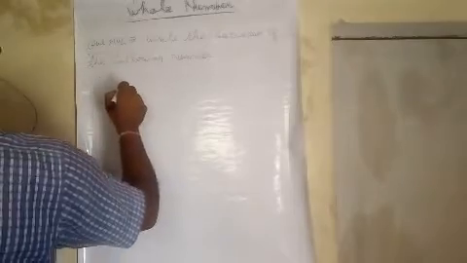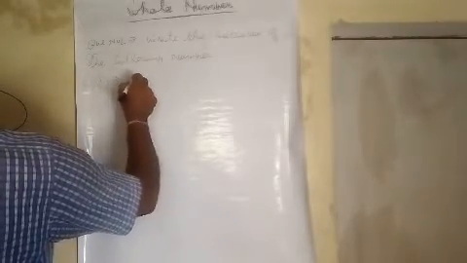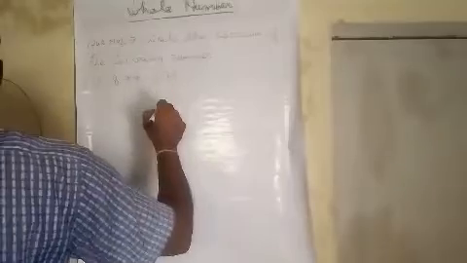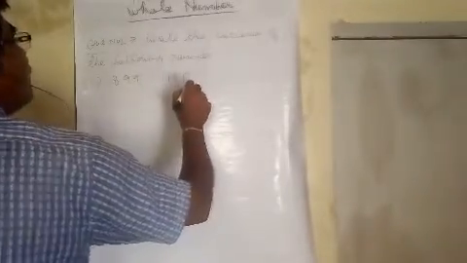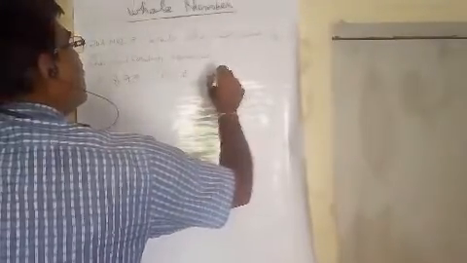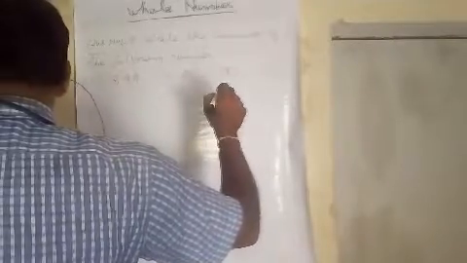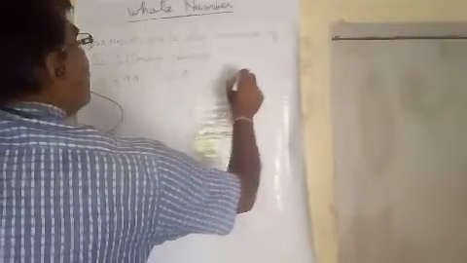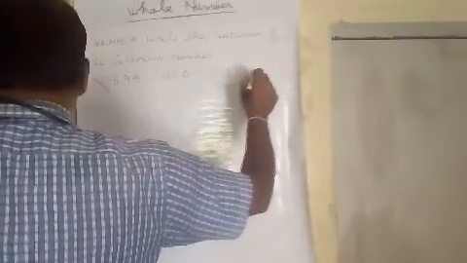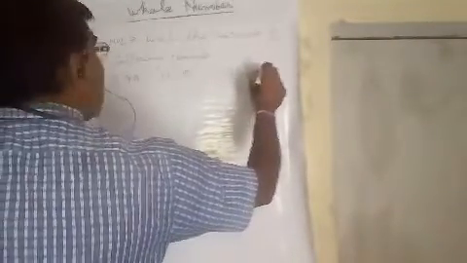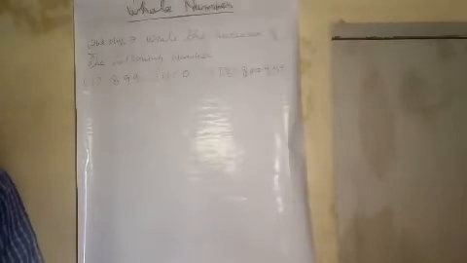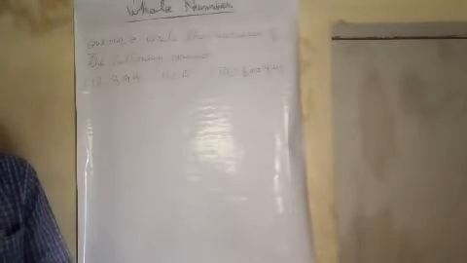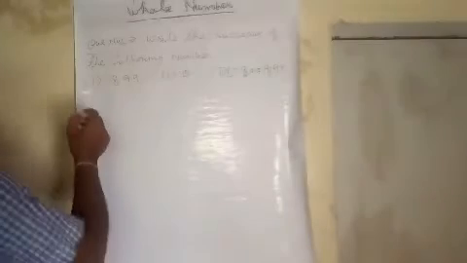First part is 899. Second part is 0, and third part is 8,999,000. You have to find the successor of 899. Solution.